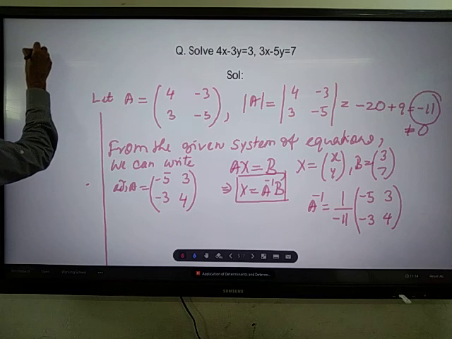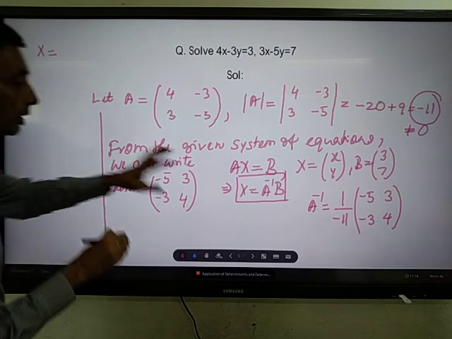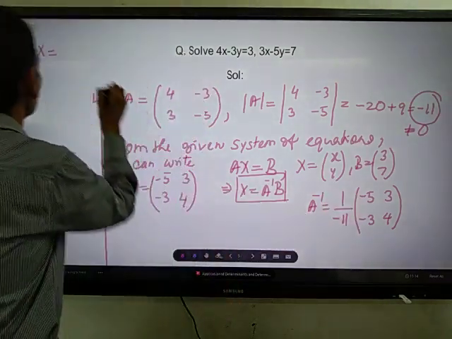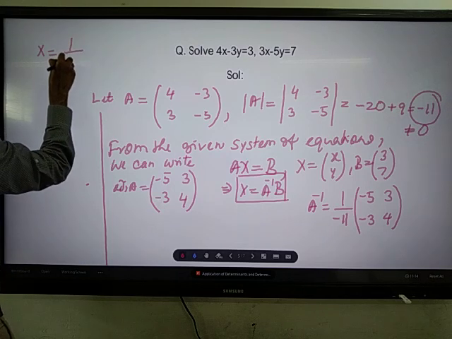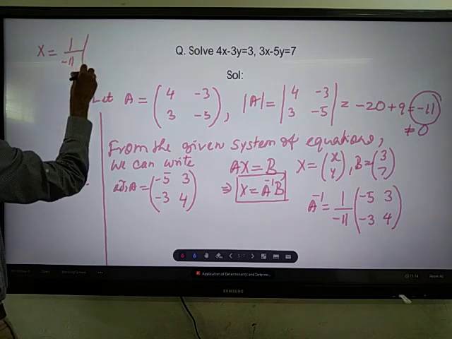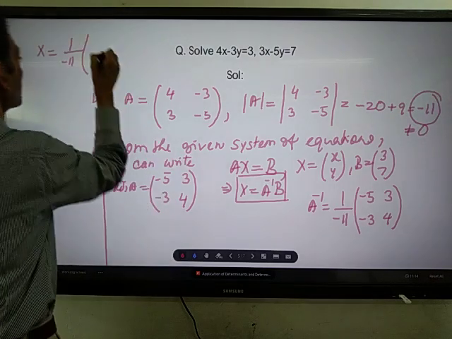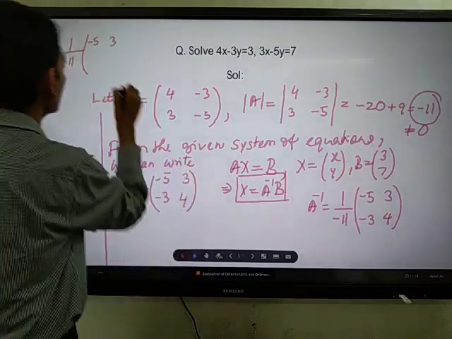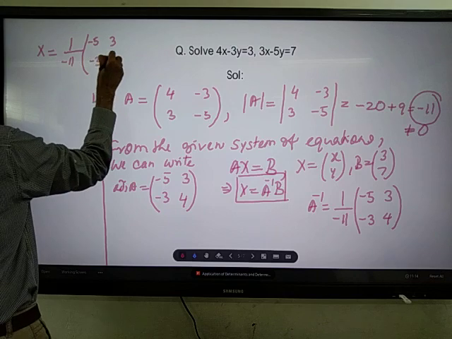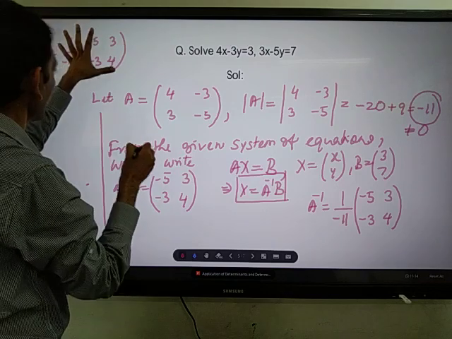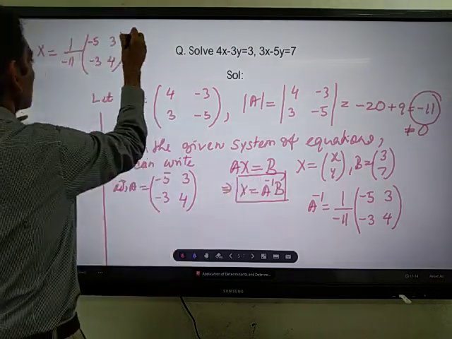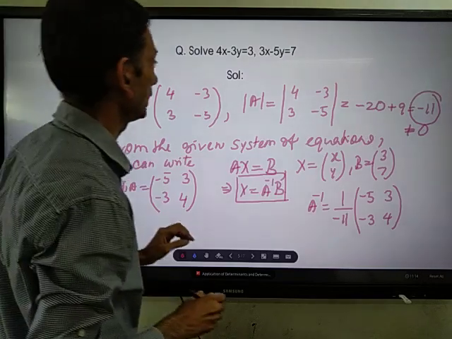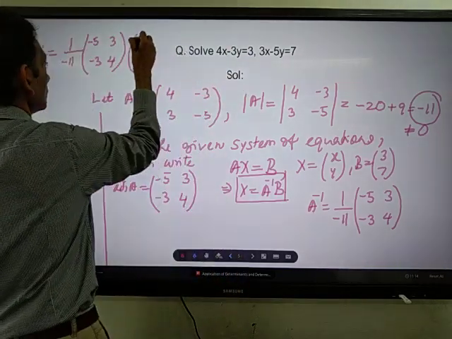So here x is equal to A inverse B. I'll just write the A inverse value. A inverse value is 1 by minus 11, and this is minus 5, 3, minus 3, 4. So x is equal to A inverse into B. B value is 3, 7.